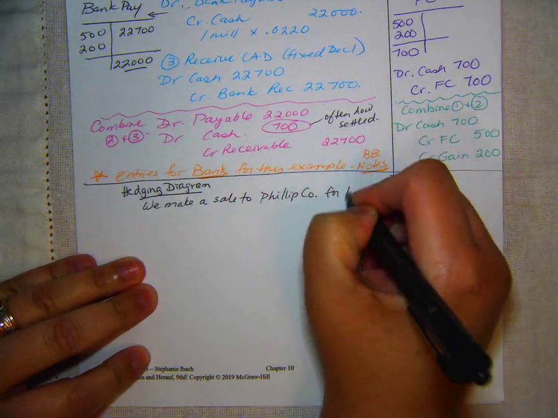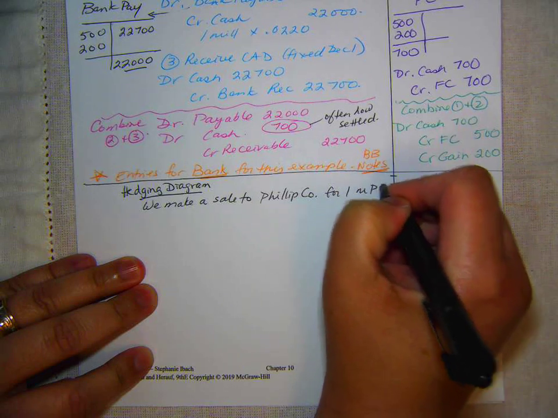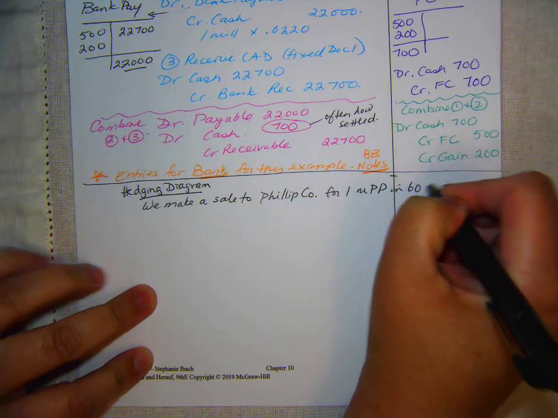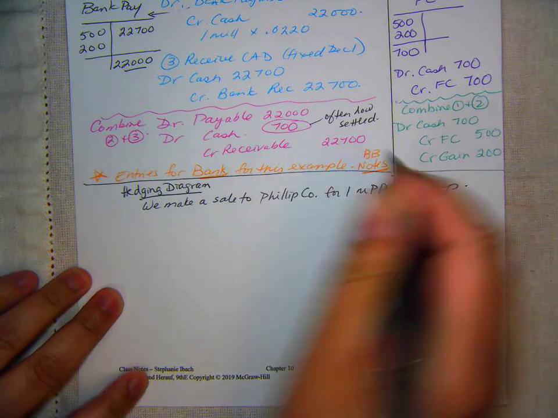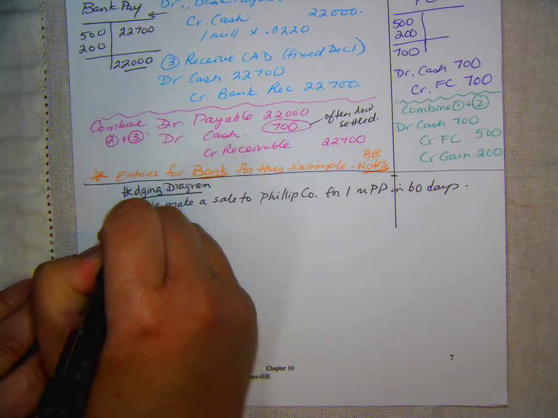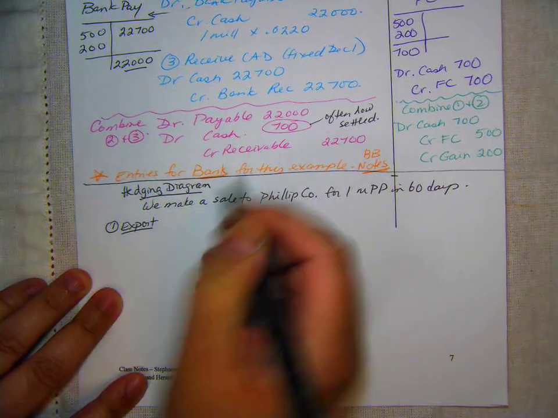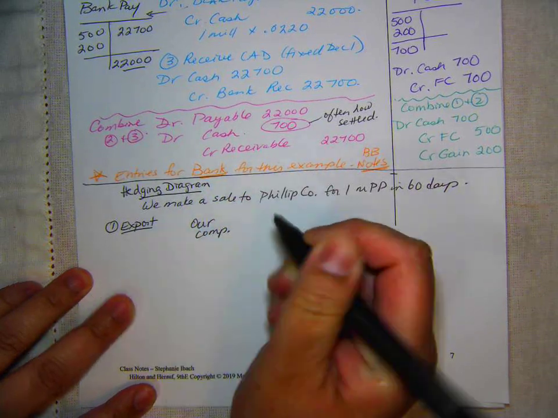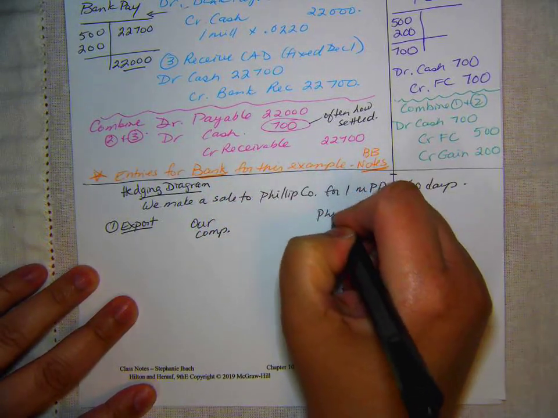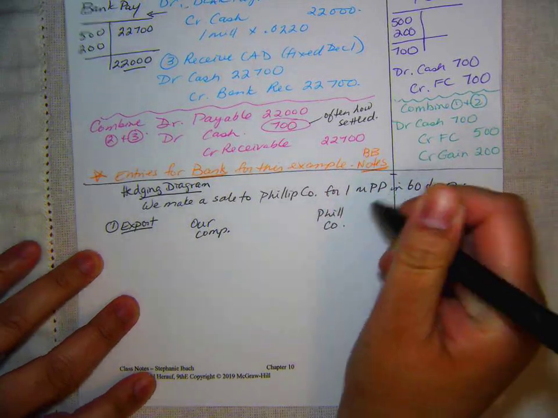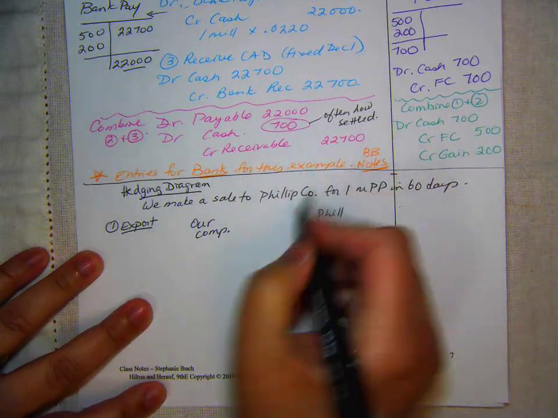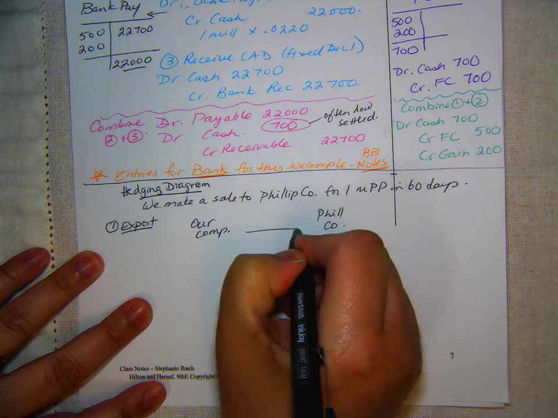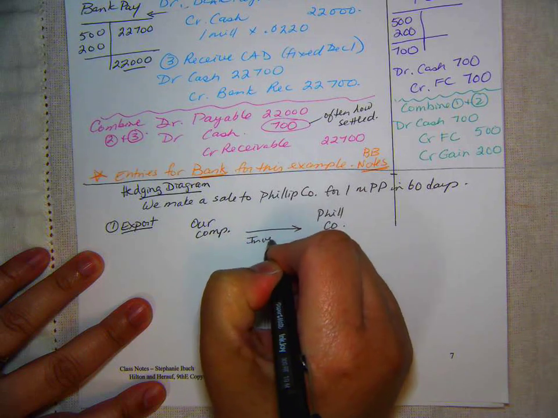So this is our export. Our company, Filipino company, and we're making a sale, so inventory is going this way, and we are going to get 1 million Filipino pesos in 60 days.